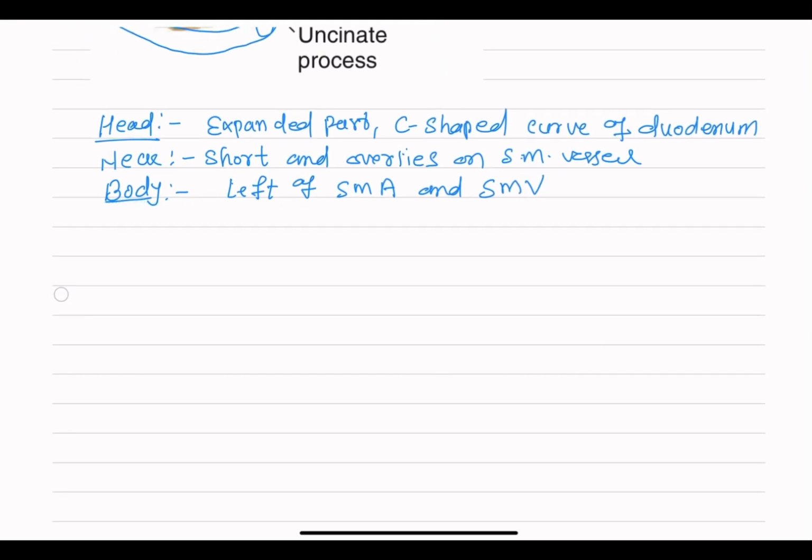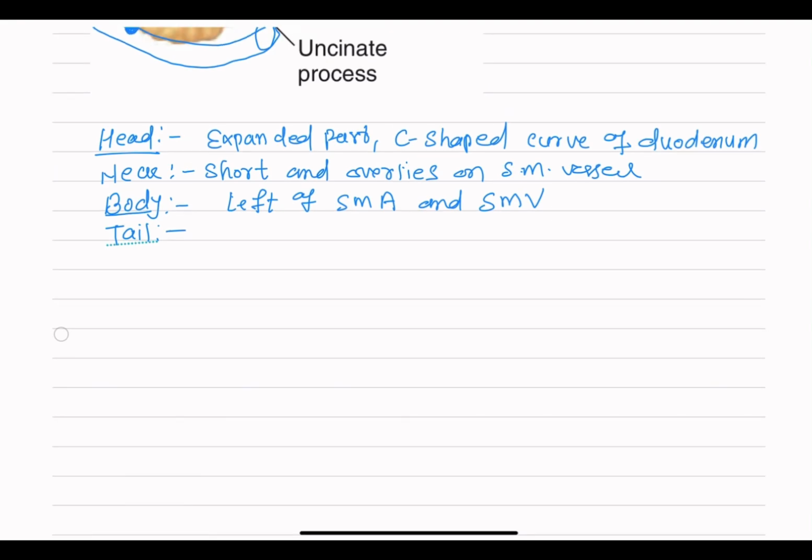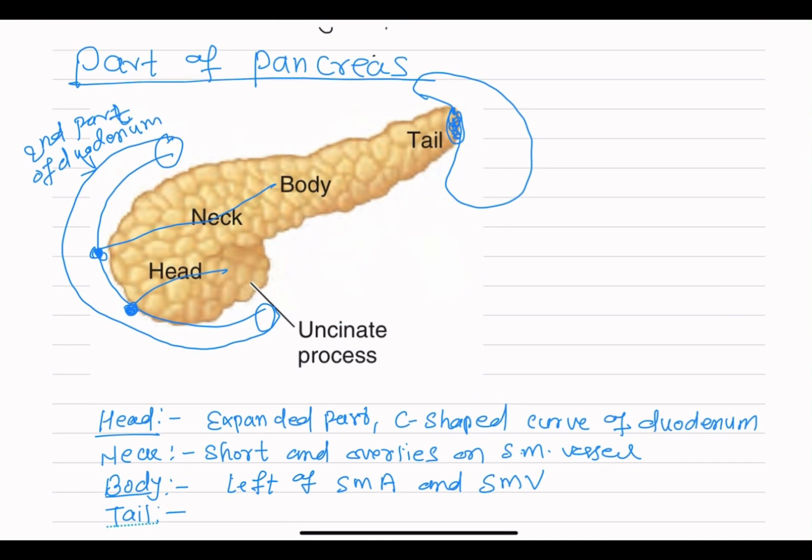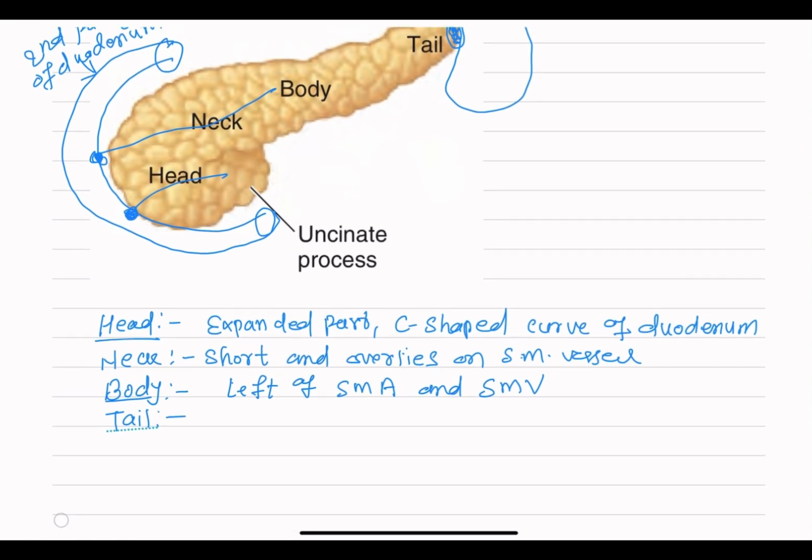And the last is the tail of pancreas. We have to understand about the tail. It's closely related to the hilum of spleen. Hilum means where is the entry. So this part where it enters is the hilum. And it's at the left colic flexure.